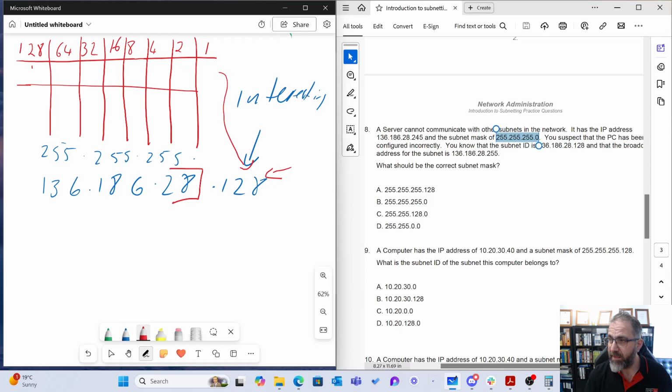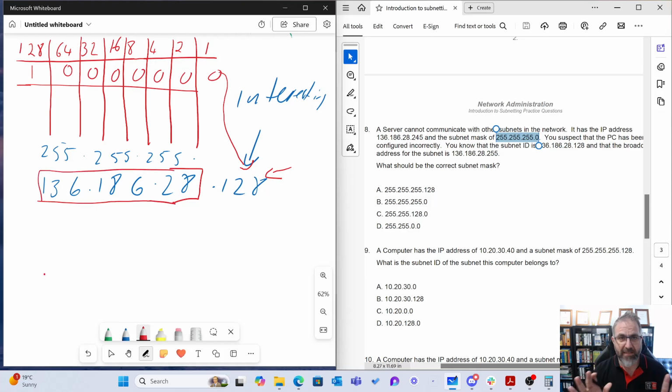So if we put a 1 there, that equals the 128. So the rest will be zeros for the host. Don't worry about the 136, 186, like the 28. We're not changing it. That's fine. No problems there. But this one here is interesting. So that is the answer to that one.